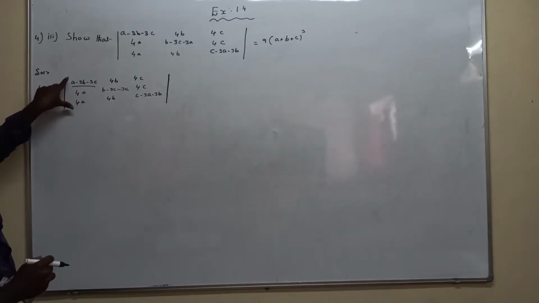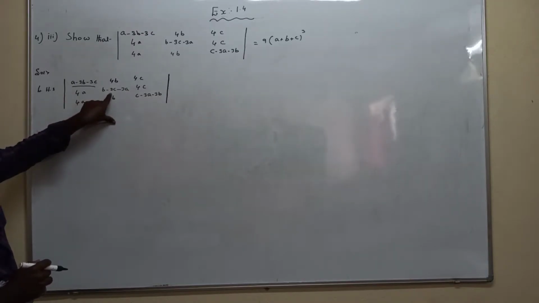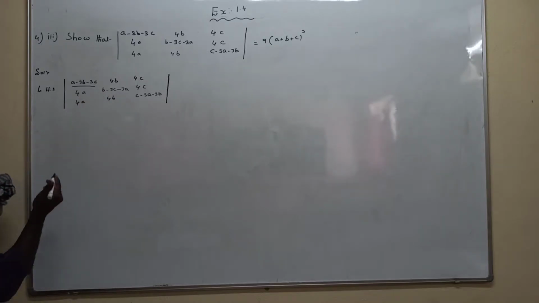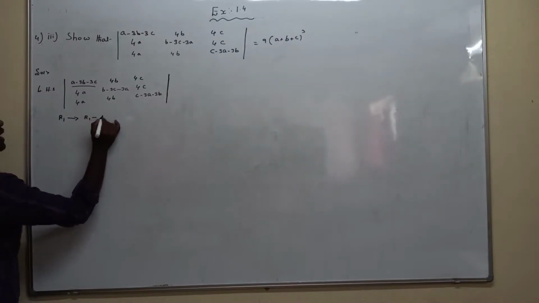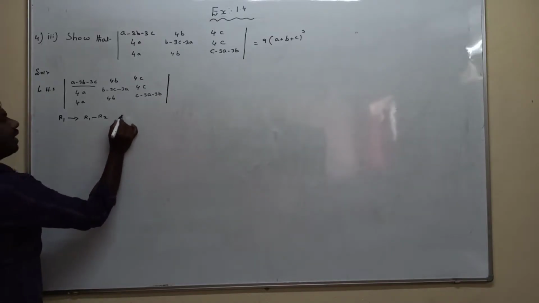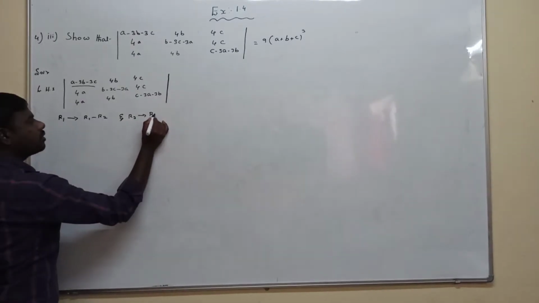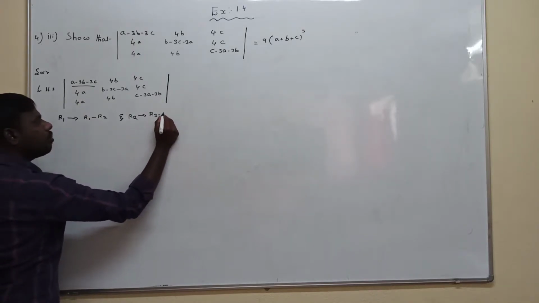So R1 changes to R1 minus R2. Next, here also, minus 3c is there, here minus 3a is there, but here 3 is missing. That's why R2 changes to R2 minus R3. The condition we take is R1 changes to R1 minus R2, R3 remains R3, and R2 changes to R2 minus R3.